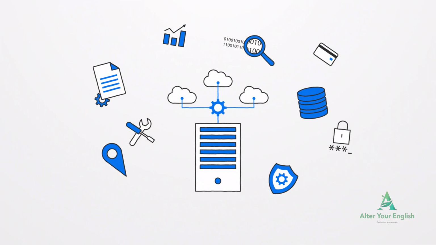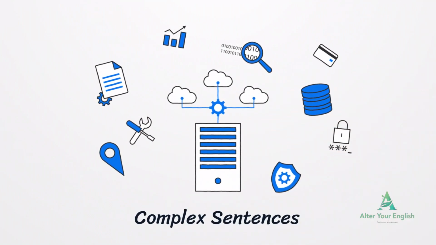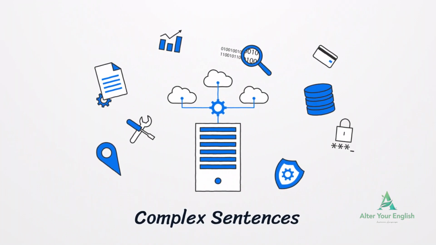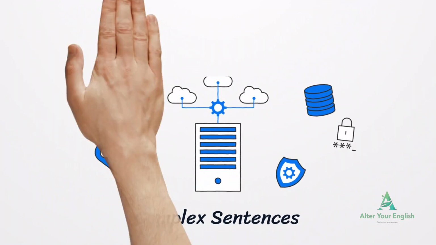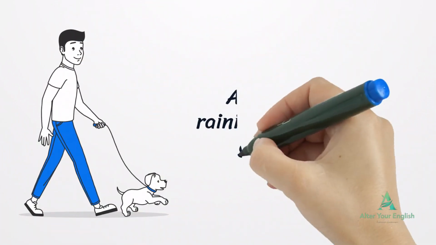Another classification is a complex sentence. Complex sentences consist of an independent clause, which is a complete sentence, and one or more dependent clauses that can be incomplete sentences. For example, although it was raining, we decided to go for a walk.